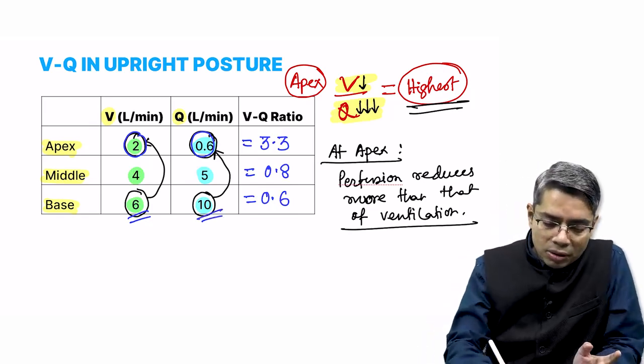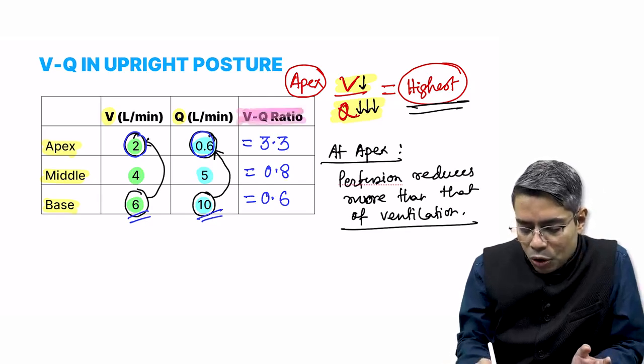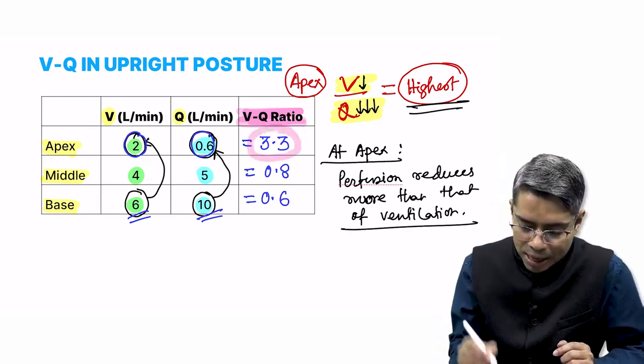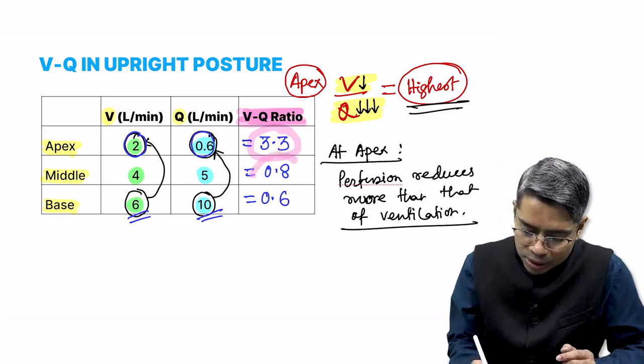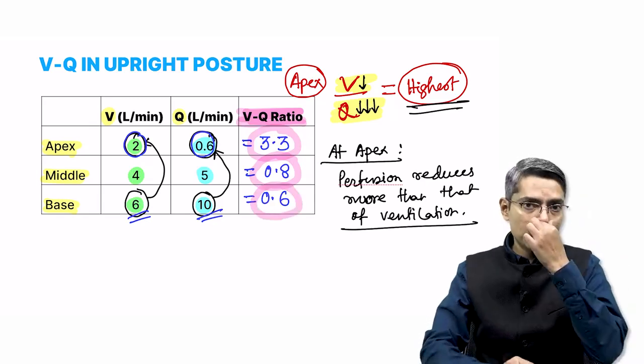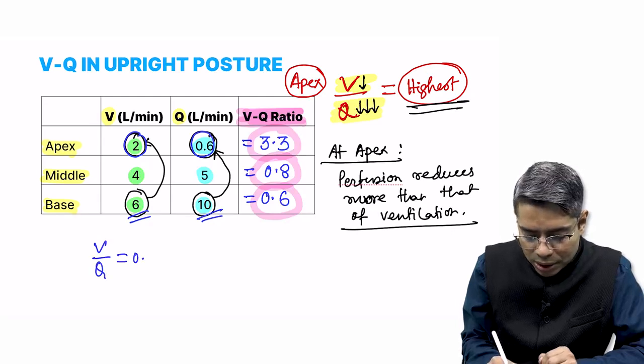So now this third column, the VQ ratio, you have to remember these normal values. What is the normal VQ ratio at the apex? 3.3, maximum. What is the normal VQ ratio at the middle part? 0.8, and the VQ ratio at the base is 0.6. We have already discussed that the normal VQ ratio of the lung is 0.8.